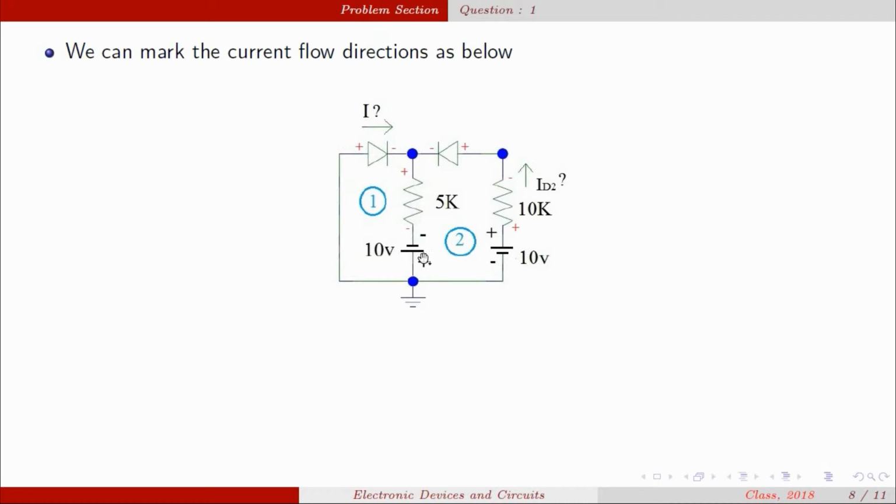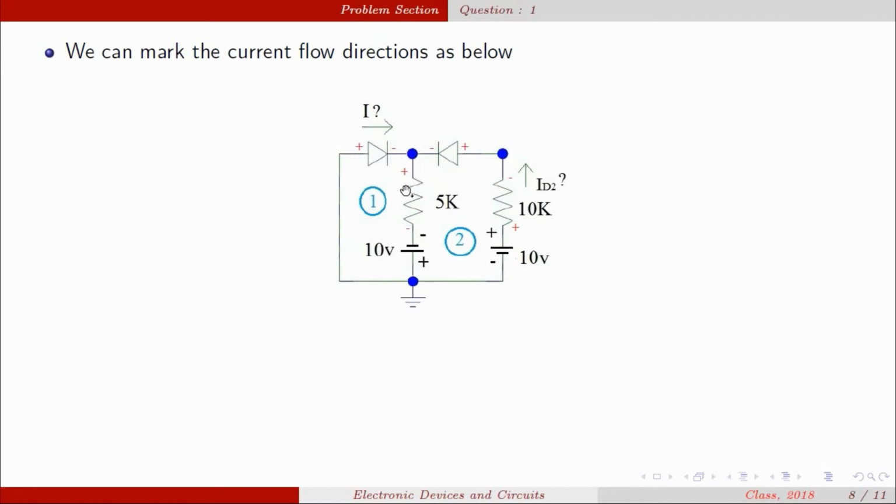Here we know that current flow in this loop is in this direction. That means current will flow from positive to negative, so we have marked positive here and negative here, since current is flowing from here to here.